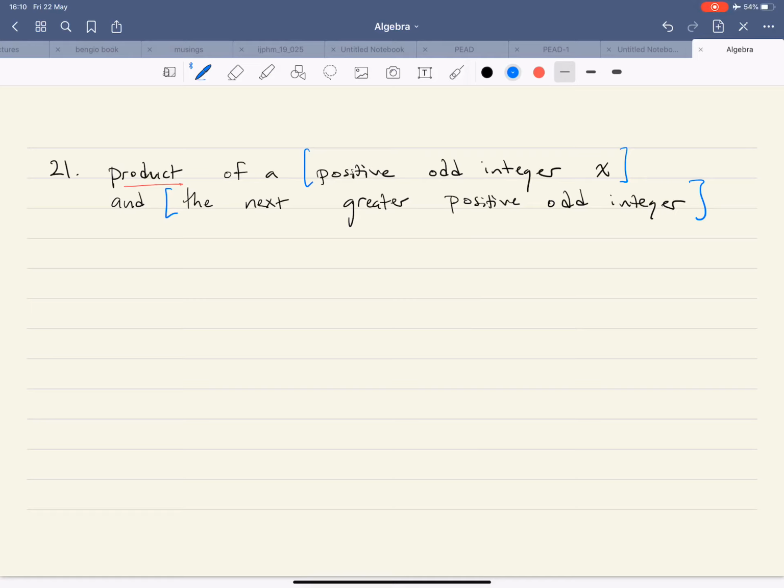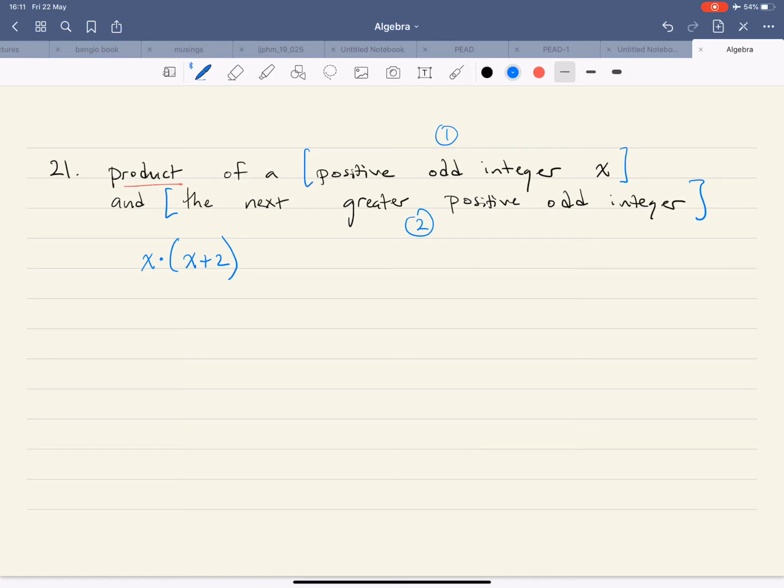So the first one is just going to be x, right? We've got some positive odd integer. And then the next greater positive odd integer from x is going to be x plus 2. And then we're taking the product, right?